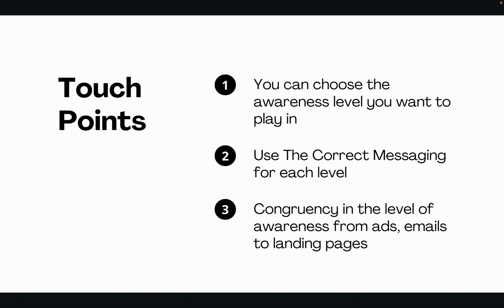Just talk about the problem, exaggerate or agitate the problem. I don't like the word exaggerate, because you just want to show them how serious the problem is and how much worse it could get if it doesn't receive attention, and then position your product as a solution. And that's it. And if you're talking to people who are solution aware, you want to show how your solution is better, how it is different, your unique mechanisms, and things like that.